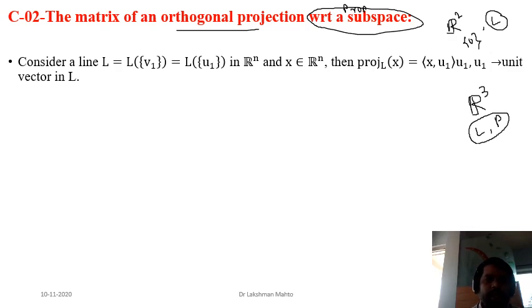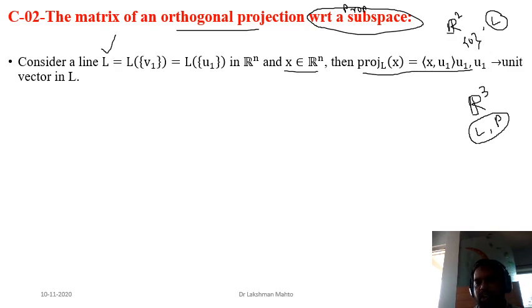So whether you are in R2 or Rn, you can take a one-dimensional subspace anywhere. We are calling that a line, and with respect to this line, you project every point of Rn through this definition.